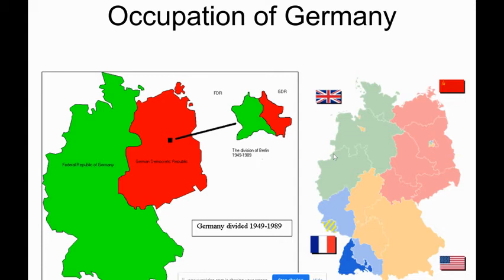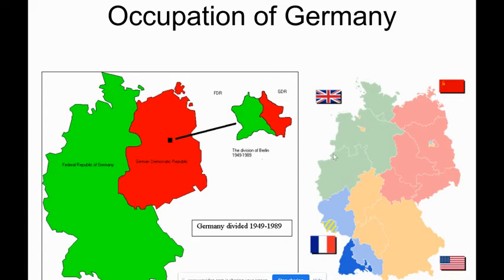Now, the problem with the Soviet sector was that the biggest and most major city of Germany is Berlin, and that was deep within the Soviet zone. Initially, there was what was called an access corridor, basically a highway that you could use to get to West Germany and to East Germany.